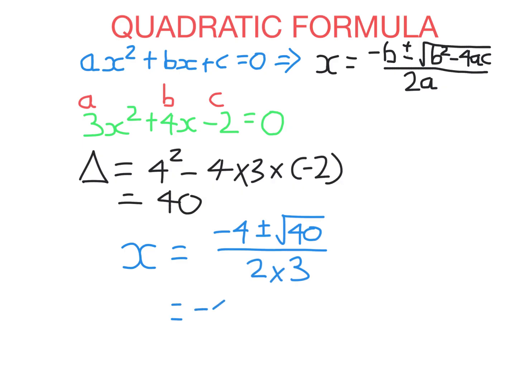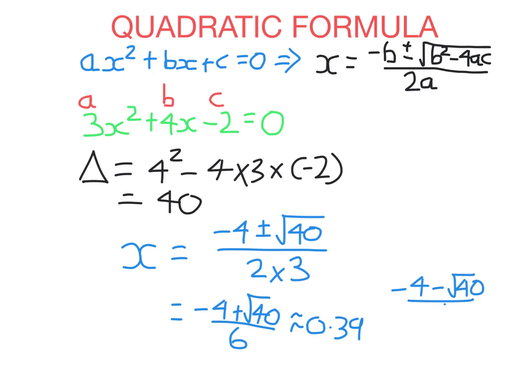There is negative 4 plus root 40 over 6, and that is approximately 0.39. And the second solution is negative 4 minus the square root of 40 on 6. And if we put that on our calculator, we get about minus 1.72. So here we have the two solutions we've solved using the quadratic formula.